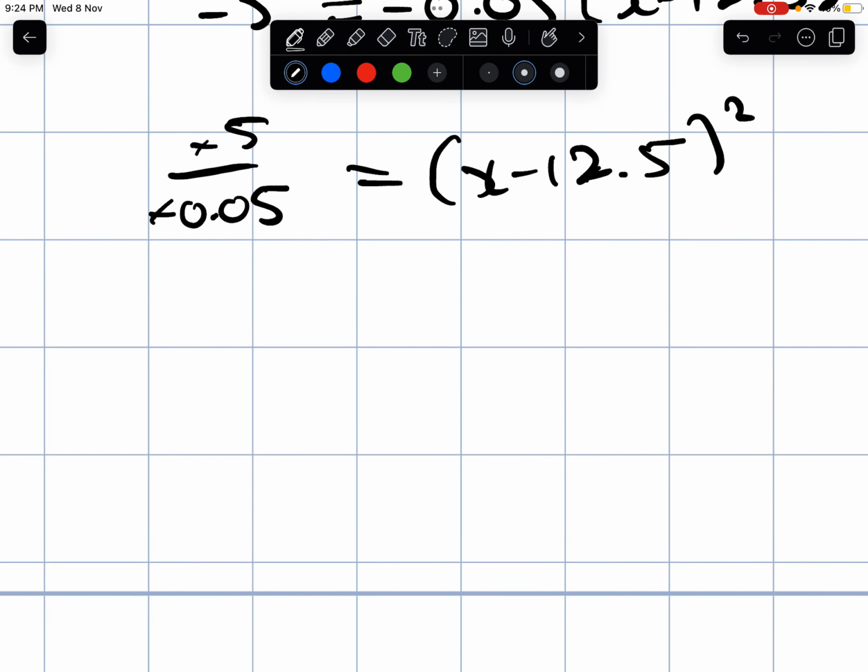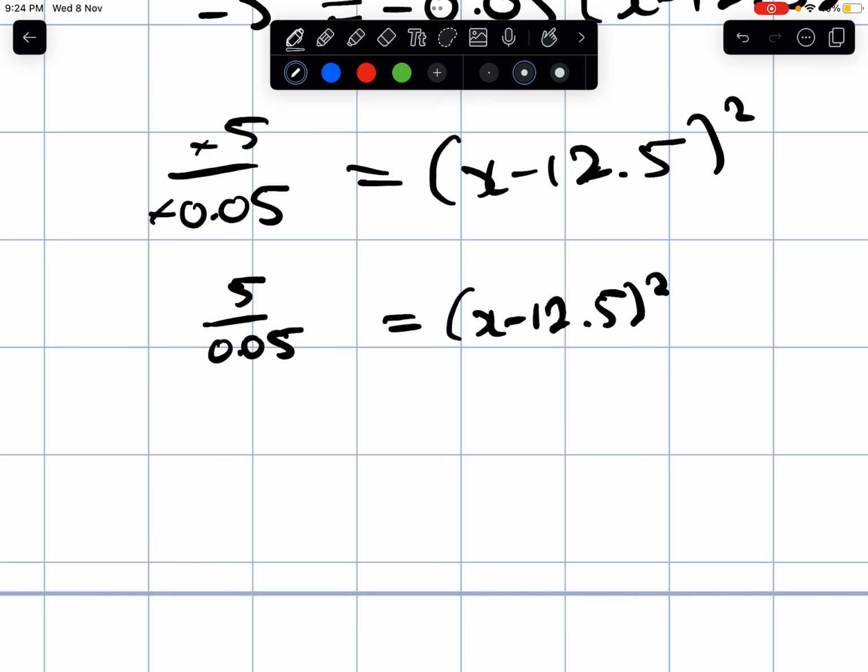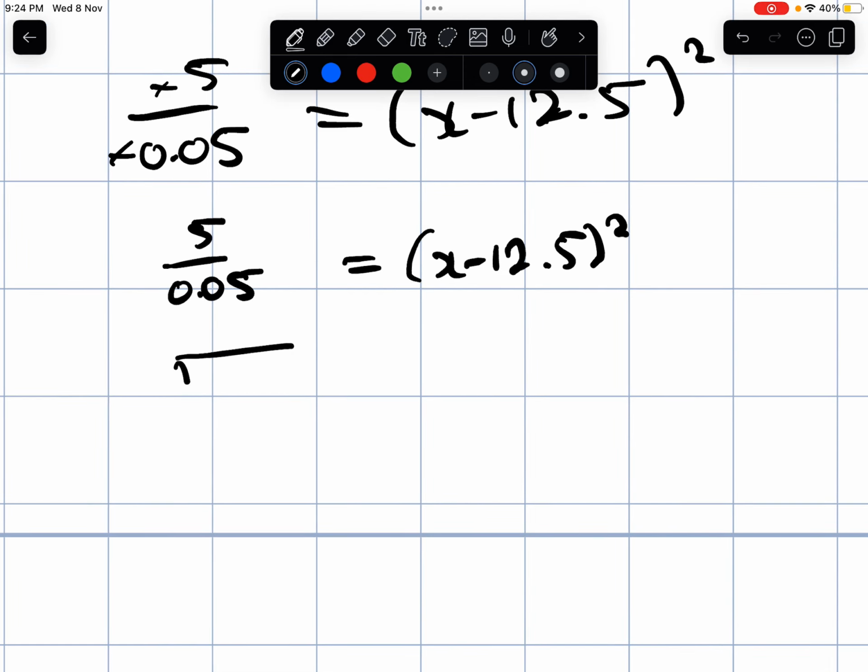So these two negatives cancel, you get 5 over 0.05 equals (x minus 12.5) squared. And to get rid of the square, I might just chuck this into a calculator quickly. It should equal 100, but just double checking. 5 divided by 0.05 is 100.